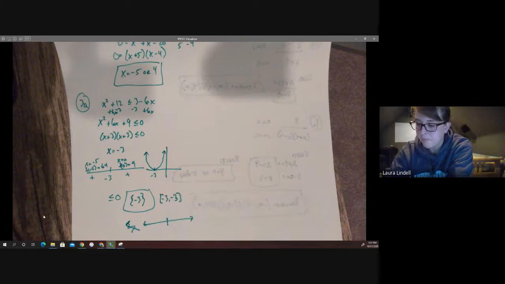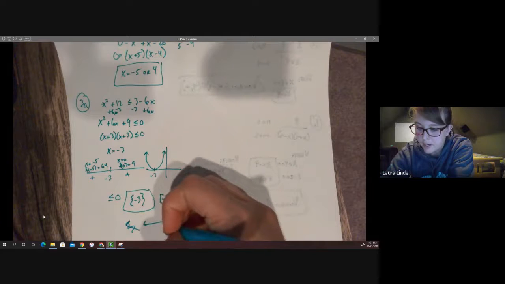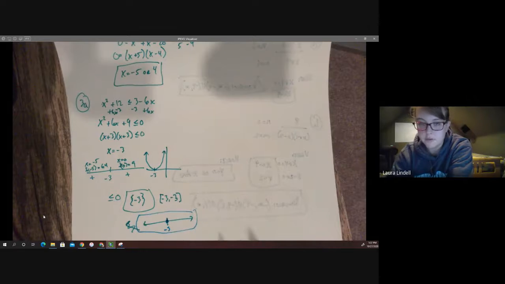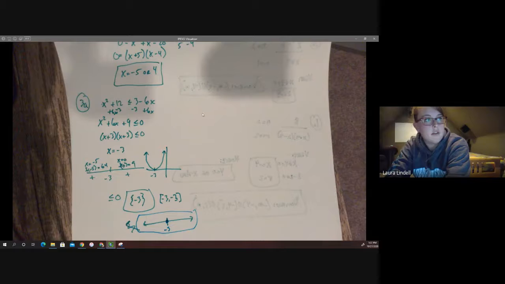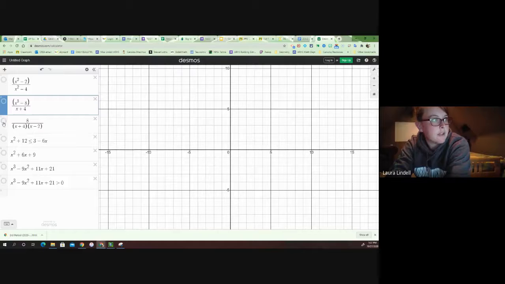And then expressing it in terms of a graph, or on a number line, you would just have one filled-in dot at -3, and that would be the representation of your solution. That's the only value of x that satisfies this statement. Looking at it on Desmos, we can confirm it.